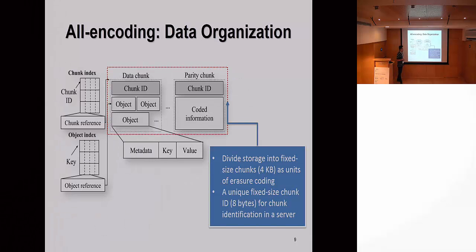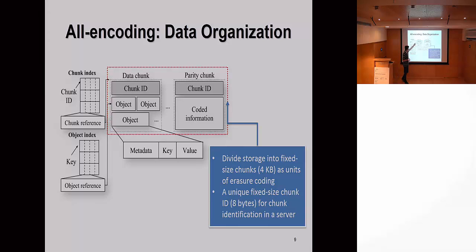First thing is, we will divide the storage as a collection of chunks. Here, we use a fixed size of 4 kilobytes as the unit for the erasure coding. So these data chunks or parity chunks will be stored in different servers. For each server, there will be 2 index tables which store the references to the chunks and also to the objects.